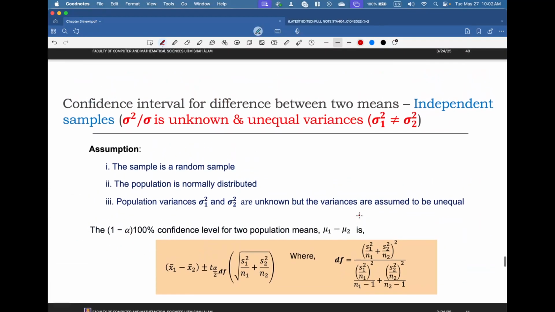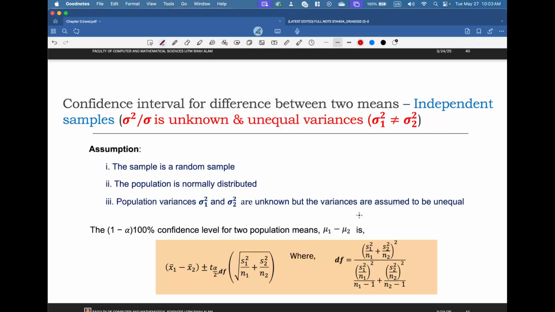For this particular example, we will discuss the confidence interval for the difference between two means, independent samples, sigma square or sigma unknown, and unequal variances or standard deviations. Standard deviation and variances are interchangeable. The first and second points of the assumption are the same, but the third point is different from our last discussion.